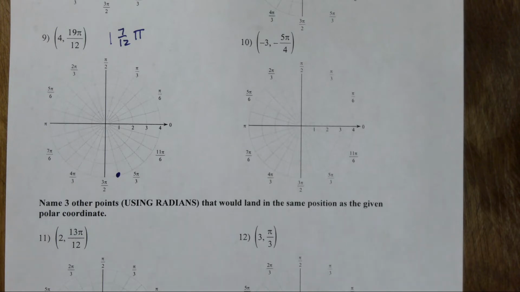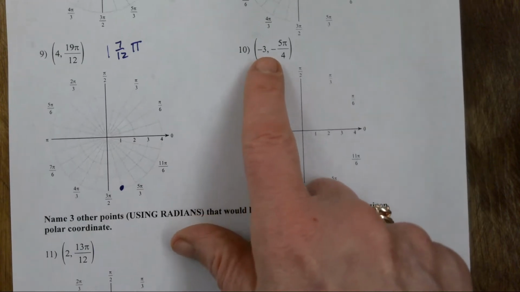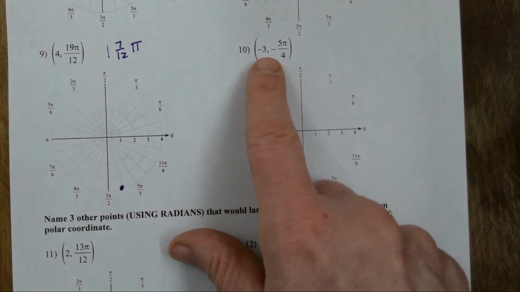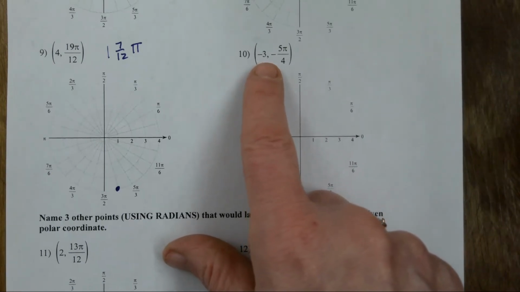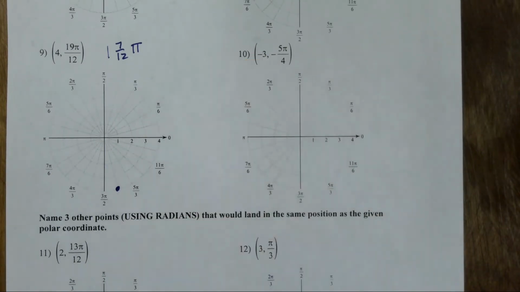The other thing that's going to happen is we're going to have a negative radius, and I talked about that. It's not unheard of. Up to this point, we have always only used positive radii. But a negative radius works in a similar fashion to a negative angle. It means I move the other way. So positive 3, I would move out right, 3. But negative 3, I would move to the left, 3. So my first movement is to the left.